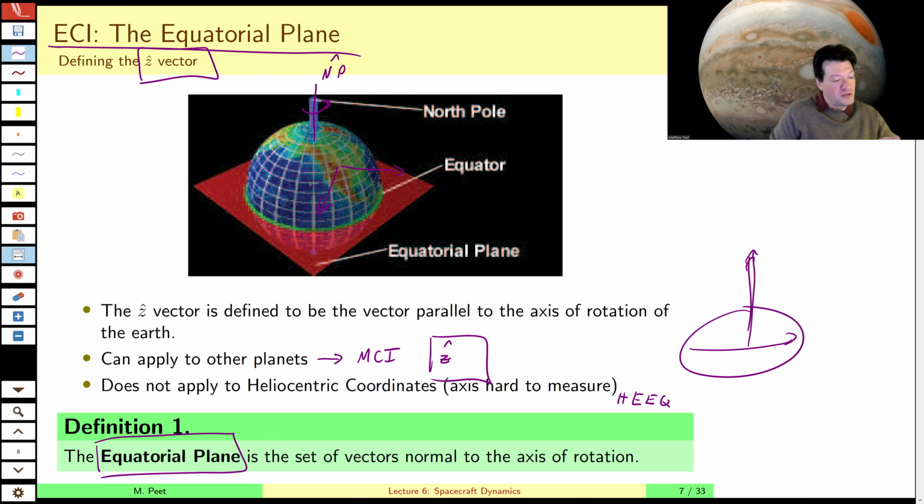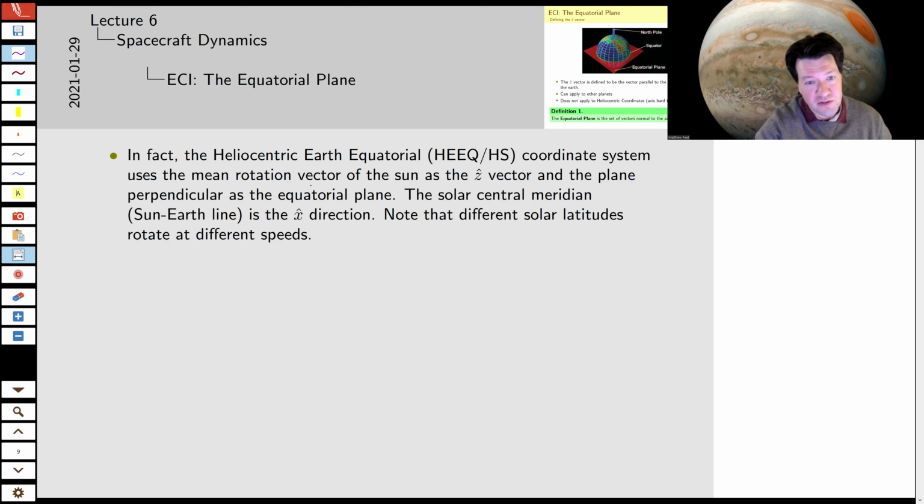For everything we do, we don't have to assume that. That's not necessary. We need an origin of our coordinate system, this is true, but the plane itself and how we define the x, y, and z coordinates is independent to some extent of the origin of the coordinate system. And naturally, Earth-centered indicates our origin of the Earth-centered inertial coordinate system is at the center of the Earth.